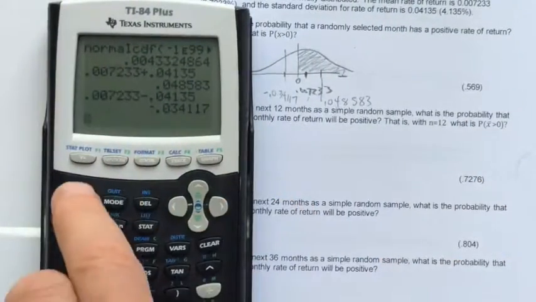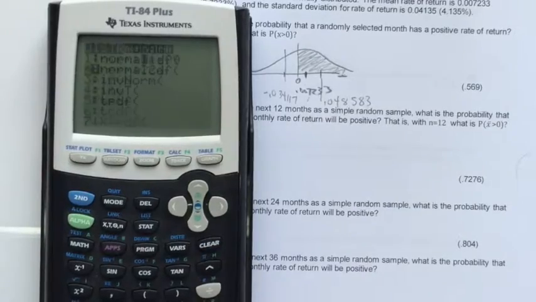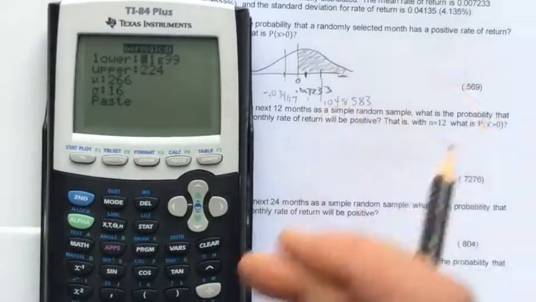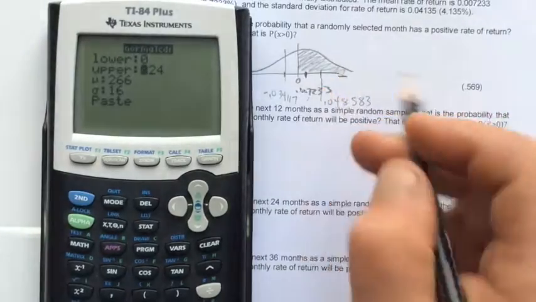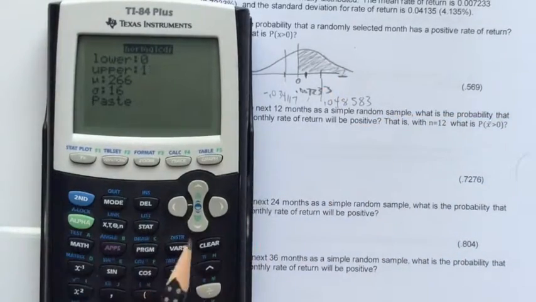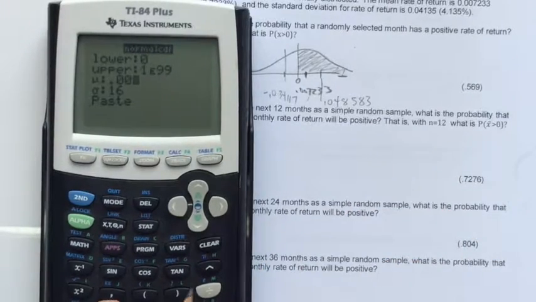So we can just do normal CDF. Let's do a normal curve with a low of 0, a high of infinity, with an average of 0.007233 and a standard deviation of 0.04135.